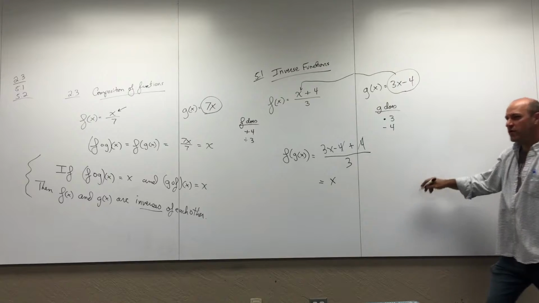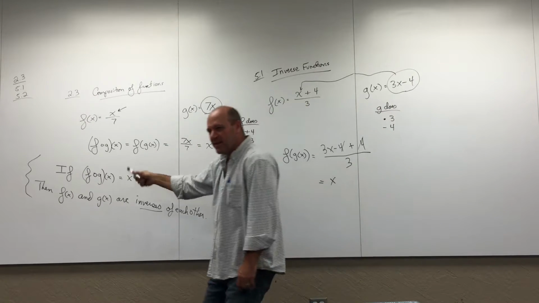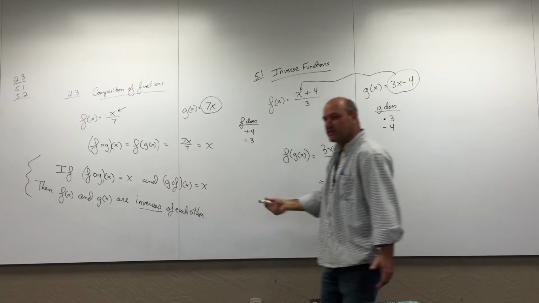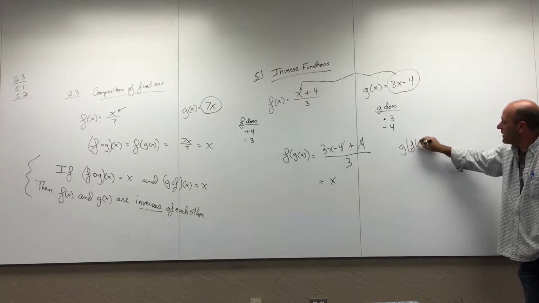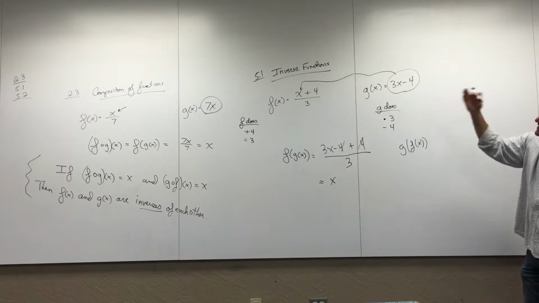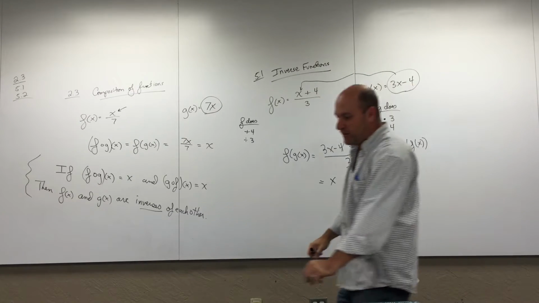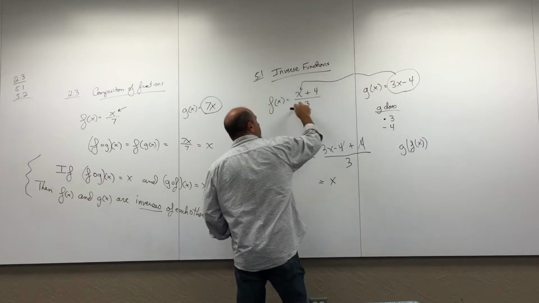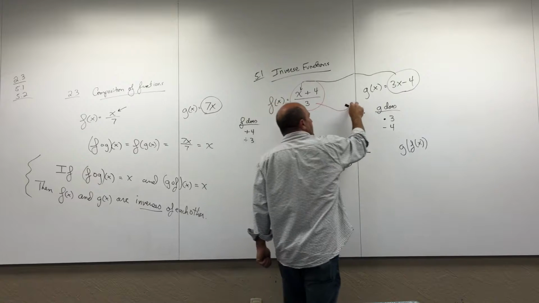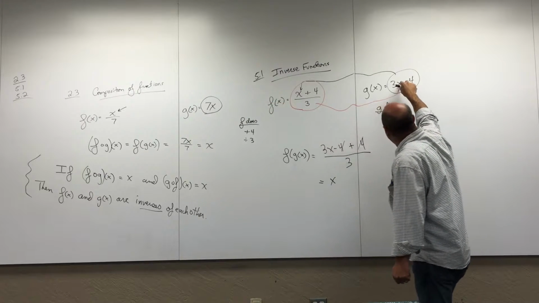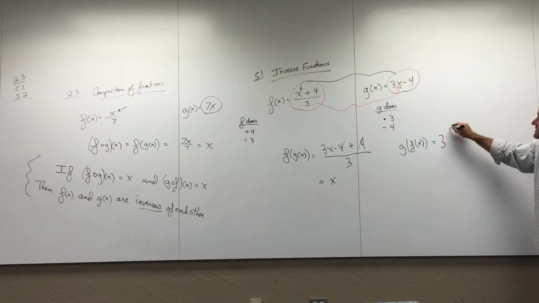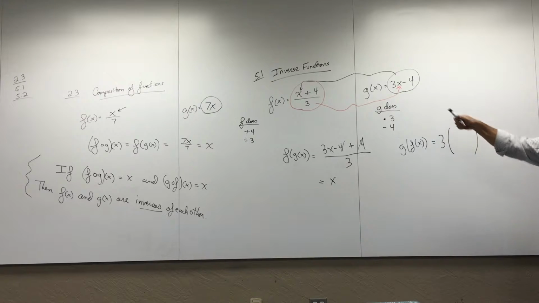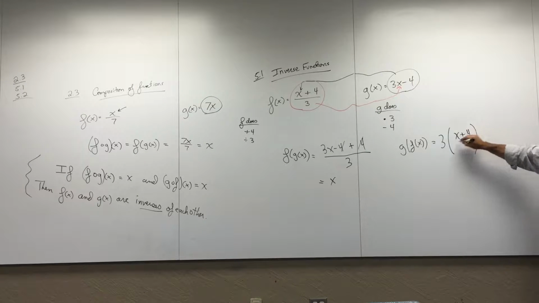Let's do it the other way, though, because this little rule said it's got to work both ways. I want to try g of f of x. That means take f and stick it into g. I'm going to stick it right in there. So I'm going to write 3 times, and what am I plugging in there? f: x plus 4 over 3.